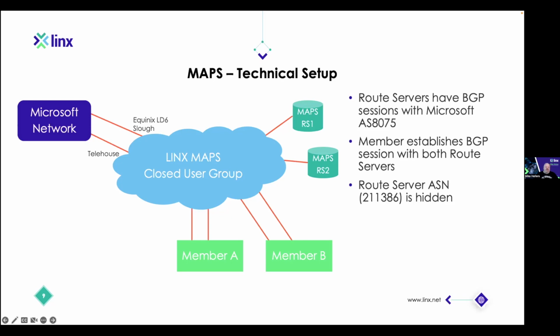So these are set up in a much stricter way. Your prefixes get passed on to Microsoft, and Microsoft's prefixes get announced to you. So in your routing table, after you've received the prefixes, they look exactly the same as if you had a direct peering session with Microsoft.